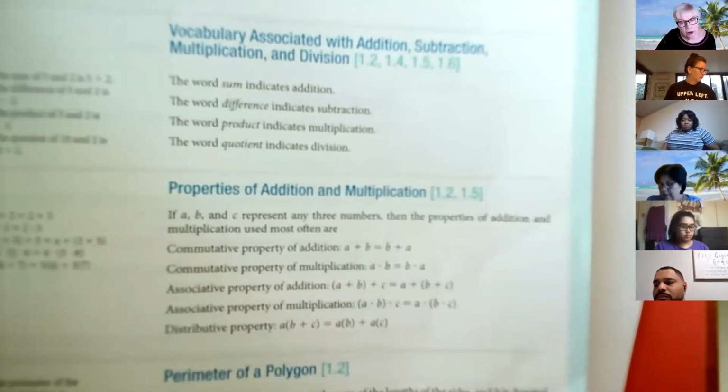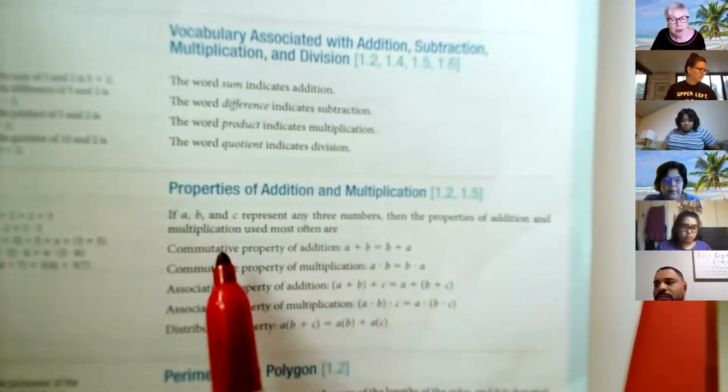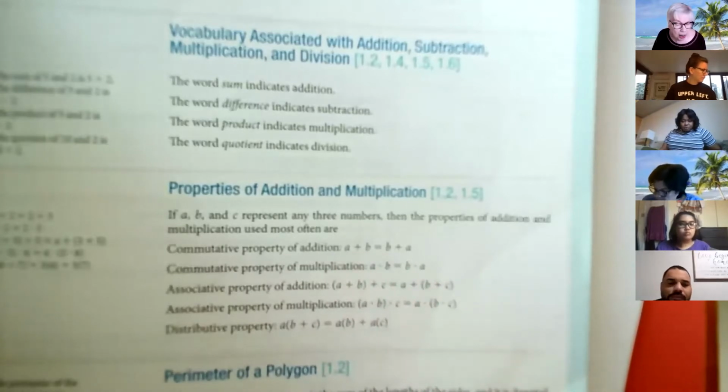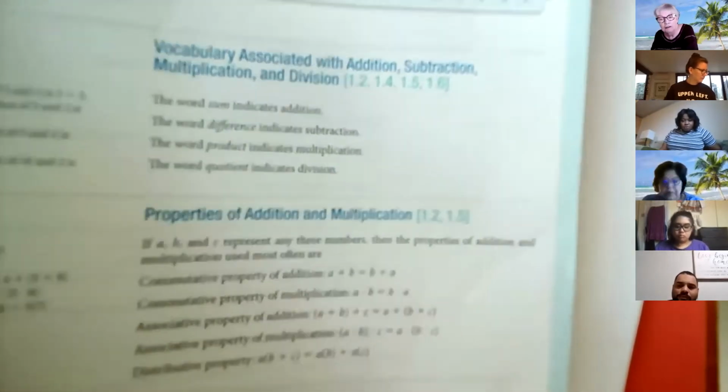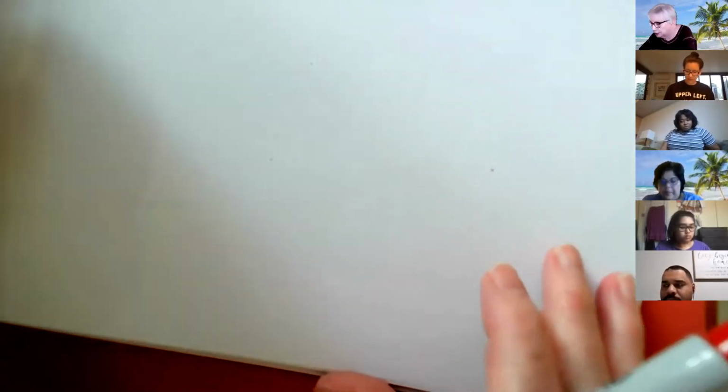The next set are some of these properties, and they're doing it with letters. So here's commutative. A plus B is B plus A. Well, if you don't care for the letters, I don't care. You can just as easily say 3 plus 4 is 4 plus 3.